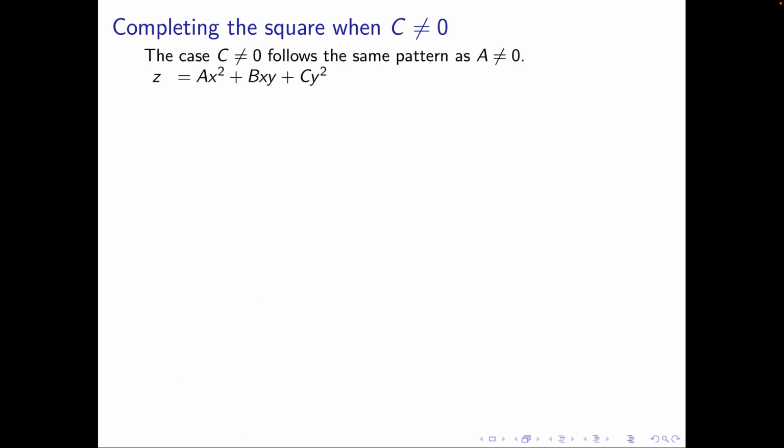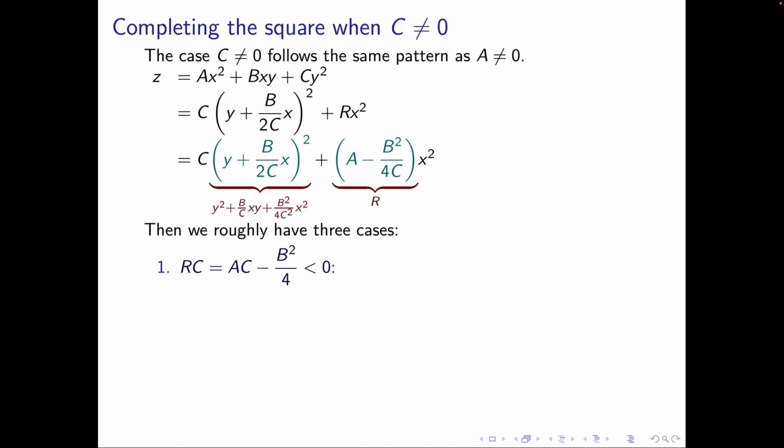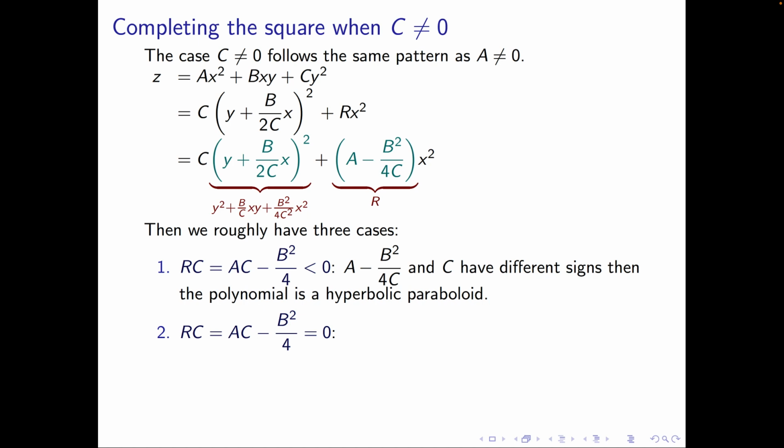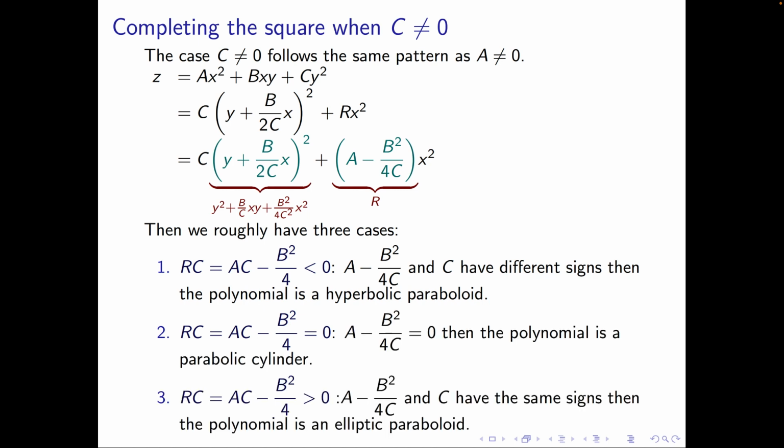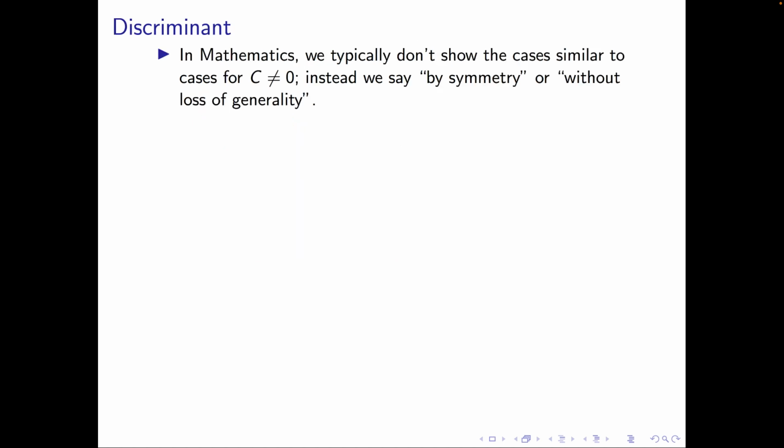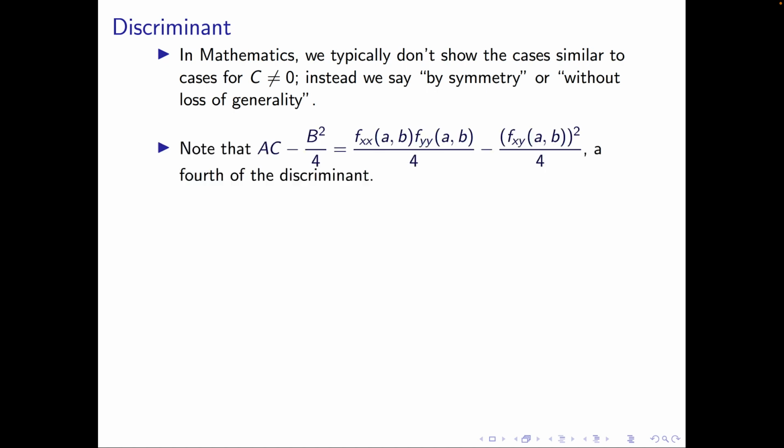Now, if C is not equal to 0, you get the same routine of completing squares, and you get the same cases, and every case follows the second derivative test that we defined in the beginning. In mathematics, we don't typically show the case C not equal to 0, because A not equal to 0 and C not equal to 0 are very symmetric. We say just without loss of generality.